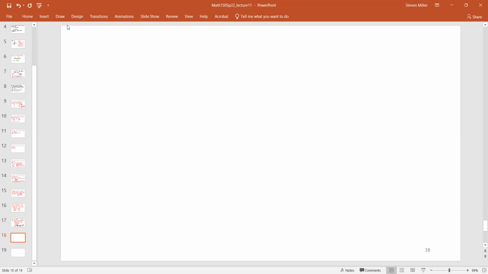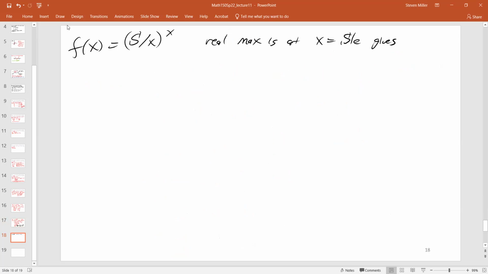Okay. So now we have the function f of x is s over x to the x. And we know the real max is at x equals s over e. And that's going to give e to the s over e. That's going to be much, much larger than s.